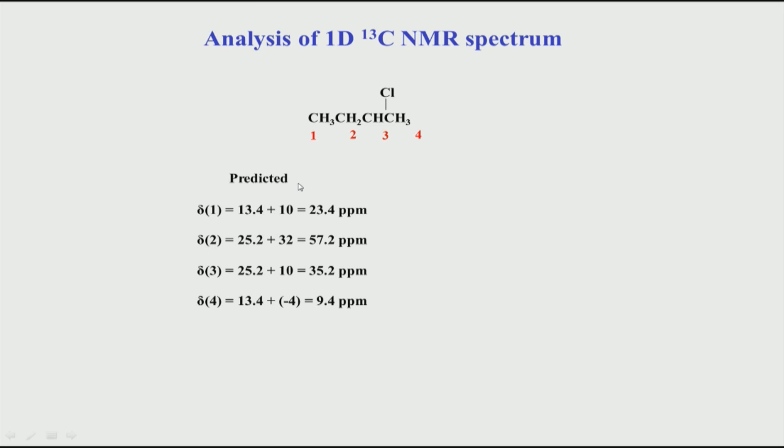Similarly, for delta 2, which is this carbon, the base value is 25, again coming from the butane, and then you add this contribution, you get 32. For delta 3, it is directly attached to this chlorine, and if you take this value, you get 35.2. And similarly, for delta 4, it is minus 4. So, you have to look at that.